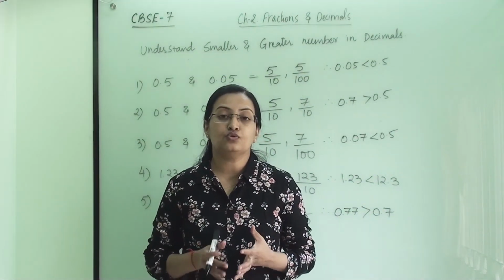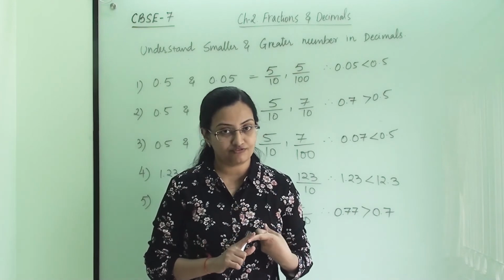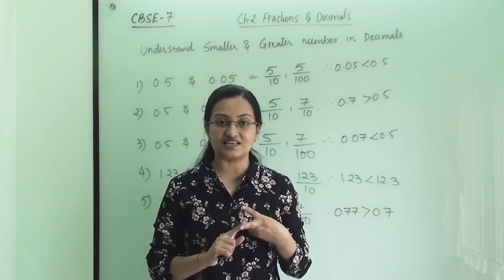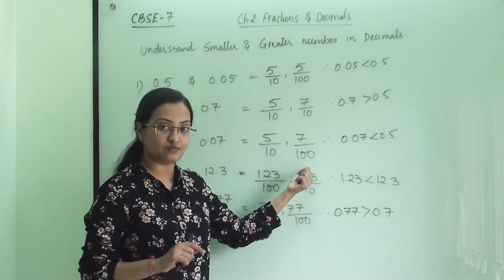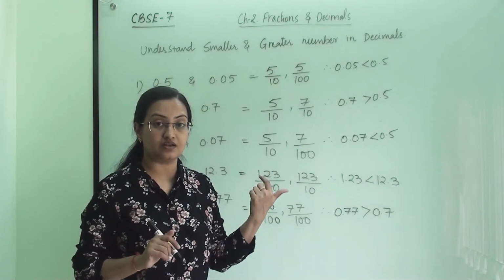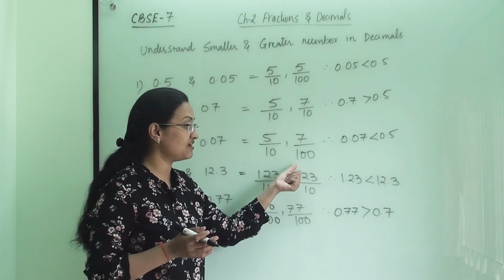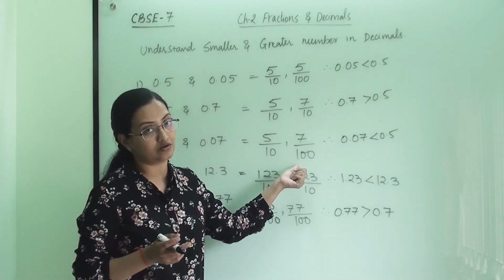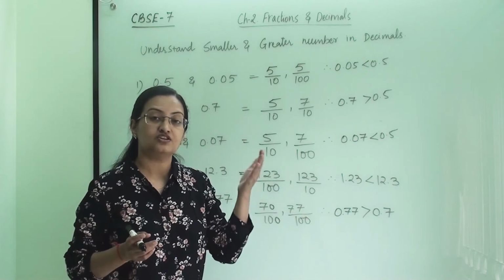What is the key to understanding smaller and greater numbers? First thing, convert them into fraction form. Check the denominators, whether they are the same or different. If the denominators are not the same, then the number with the bigger denominator will be the smaller number. Bigger the denominator, smaller the number.